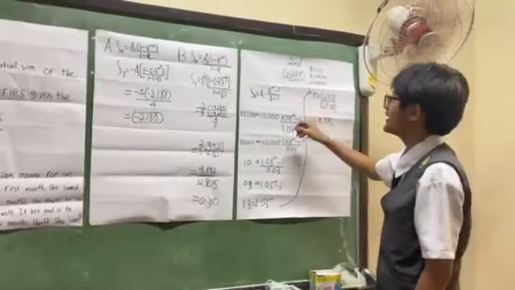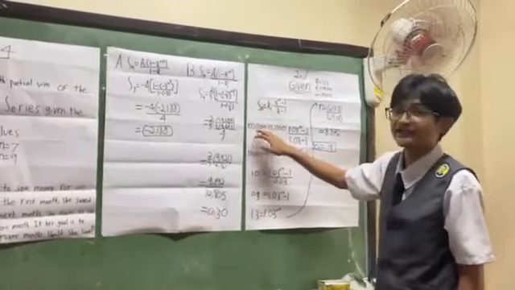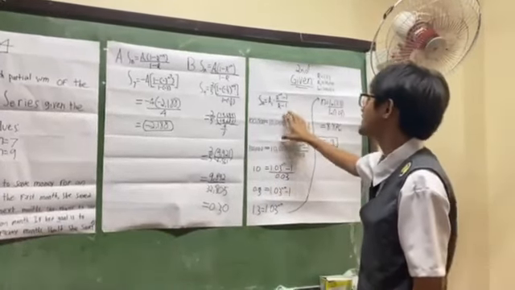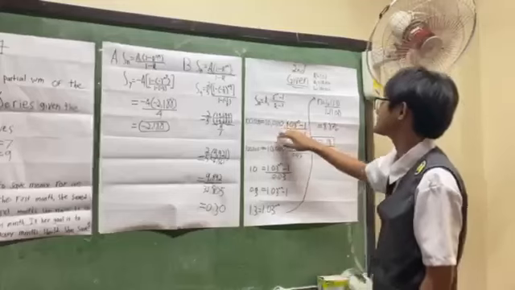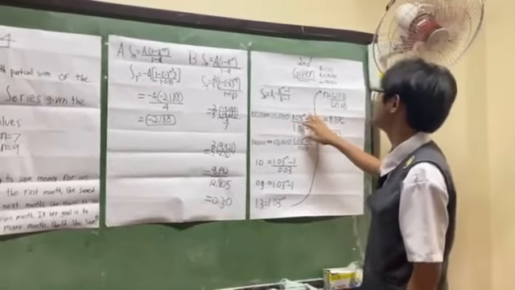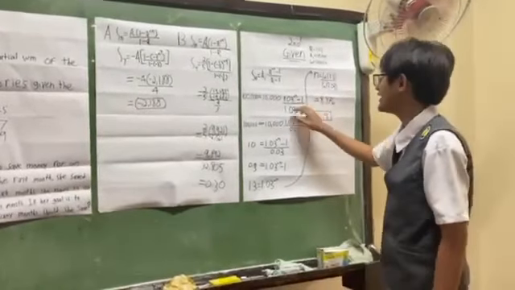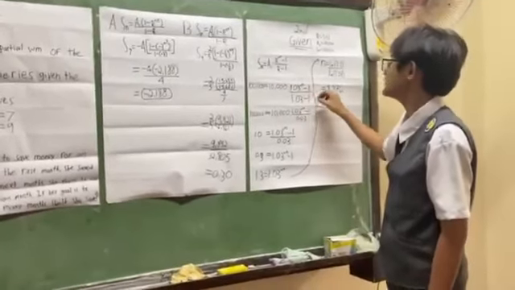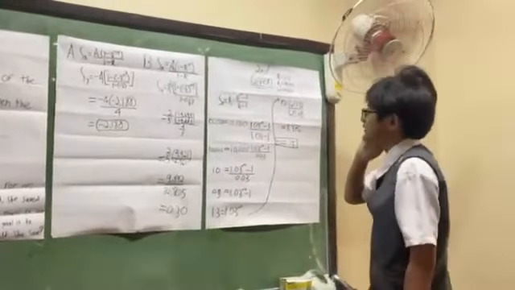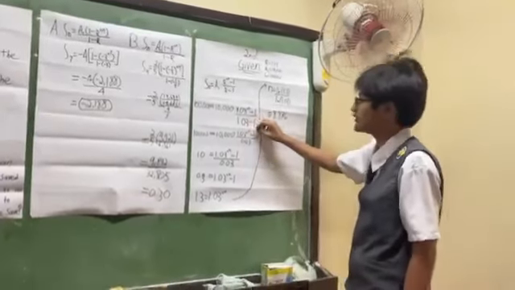Formula and plug in the values. S sub n is 100,000, which is equal to 10,000, since a sub 1 is 10,000, times r, which would be 1.03 to the power of n minus 1, and divided by 1 minus r. Since we just plugged in the values, we must simplify this to the next step.